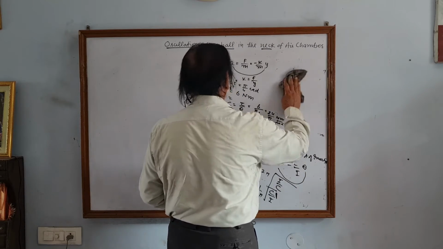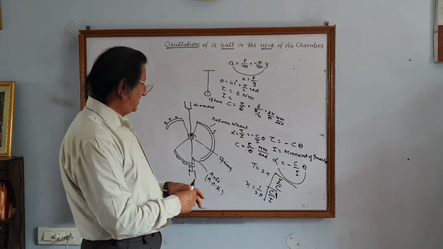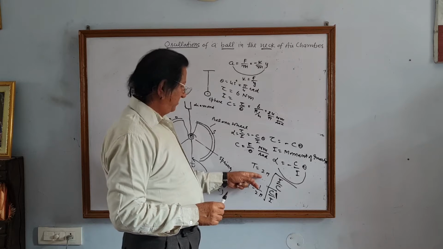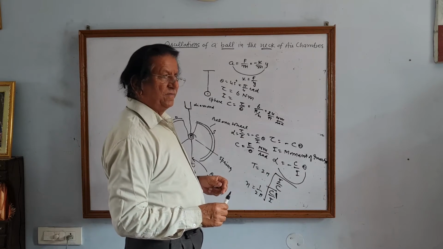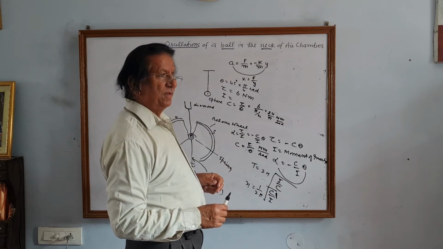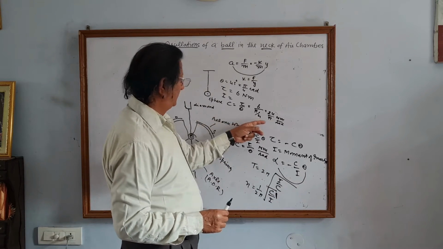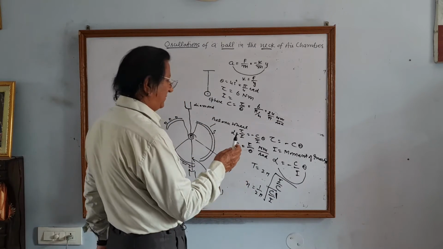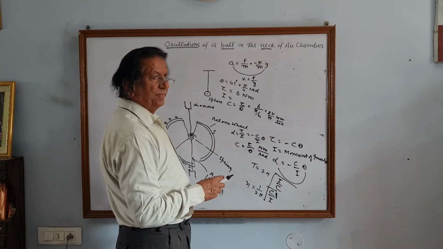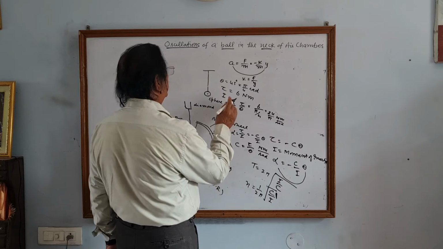Clear? Yes, sir. You are asked to find out the time period. 2π you know. Moment of inertia is not given, but C you can find out. So C is this much, and without I you cannot calculate T. So you must be given I also.